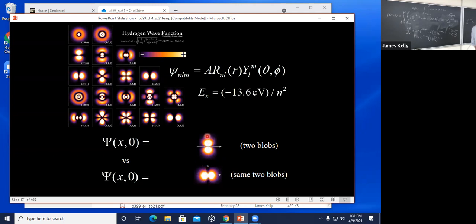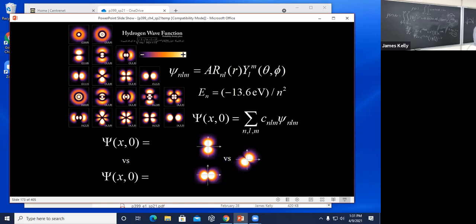Now, when you rotate an initial state in space, it shouldn't change the energy of it, right? Now, the energy only depends on n. And yet, when I take a state like this, or a state like this, or indeed some other state where it's again 2 blobs, but at a different angle, when I change between these, clearly I've got to have a different linear combination of these definite energy states.